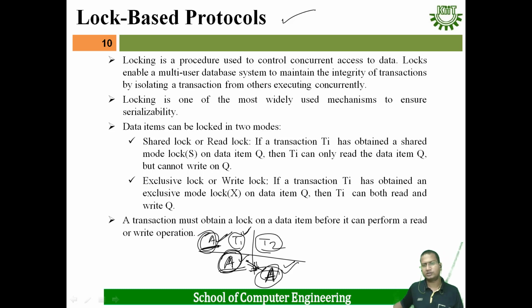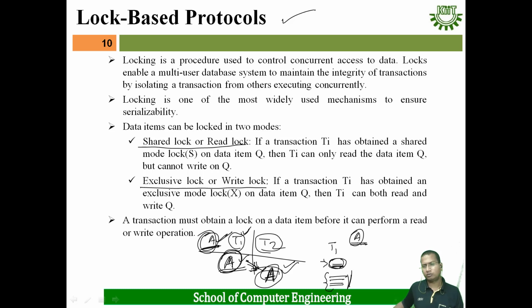For this purpose, when transaction T1 wants to access a data item A, it first applies some lock on A, then executes its instructions or does an operation on A. Before applying any lock on A, it cannot do any operation on the data item. Generally there are two kinds of locks: a shared lock or read lock, and an exclusive lock or write lock.